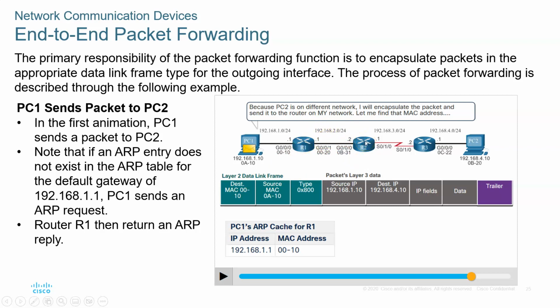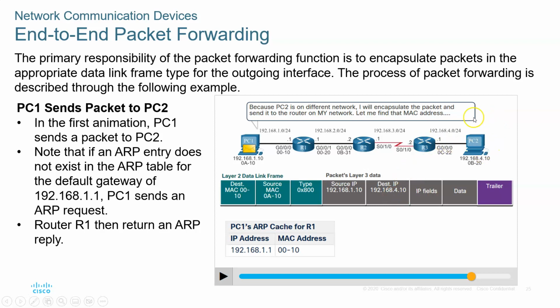And the same thing will happen. This router will open up the frame, look at the destination MAC address, put it into a new frame, put his MAC address as the source and the next MAC address as the destination, and send the frame to him. And when he gets it, he looks at the destination IP address and says, okay.